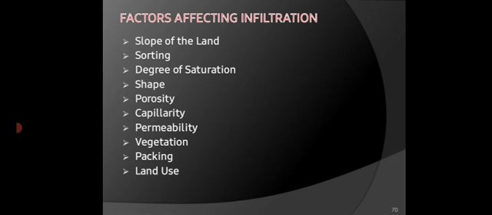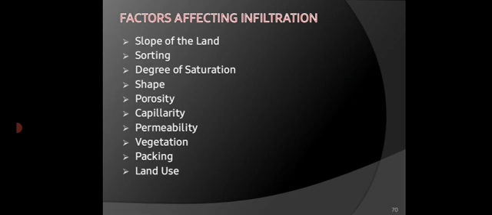Steep ground always decreases infiltration. Capillary action, permeability: if the ground is rocky, the pores or spacing between the particles is more, so infiltration rate is more and runoff less. If the soil is sandy, then the infiltration rate is low and runoff will be more.